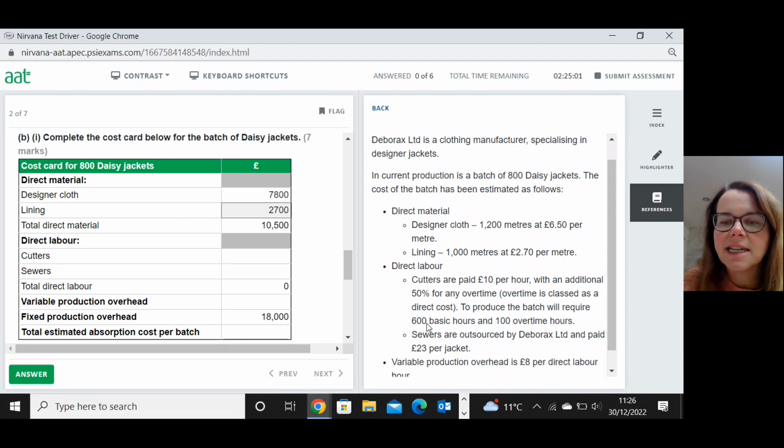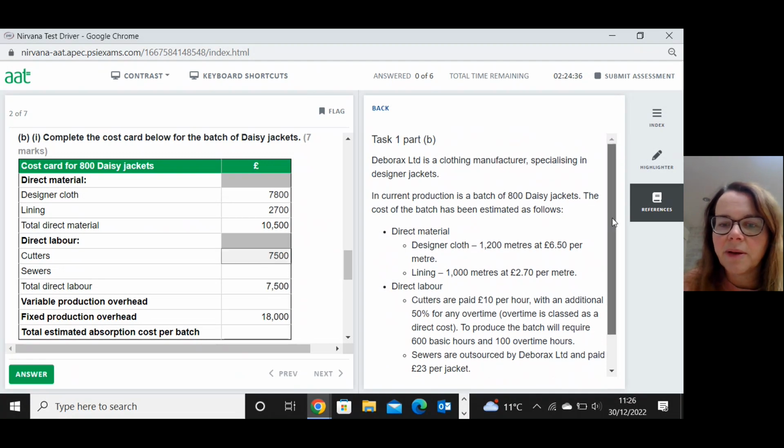So I'm going to calculate 600 times 10 and then add to that 100 hours at £15 per hour, because obviously adding on 50% to 10 gives us £15 per hour. So 600 times 10 plus 100 times 15 gives me £7,500.